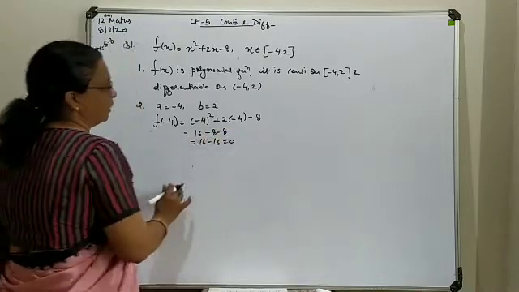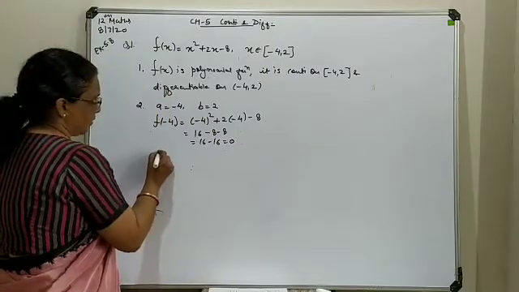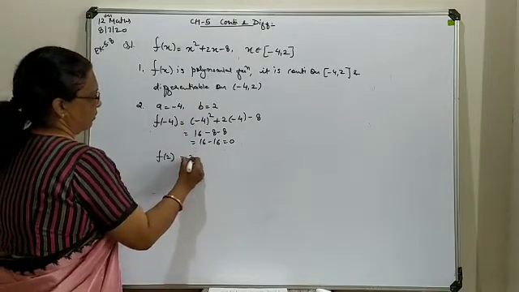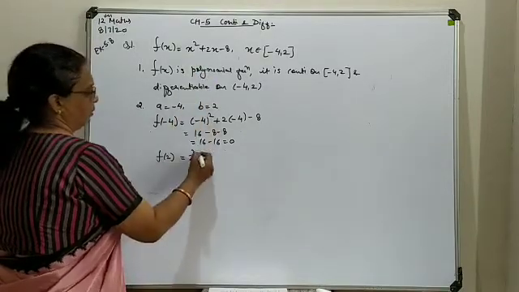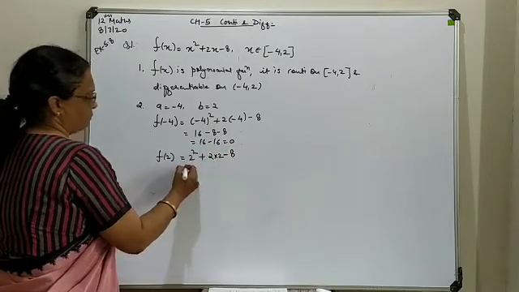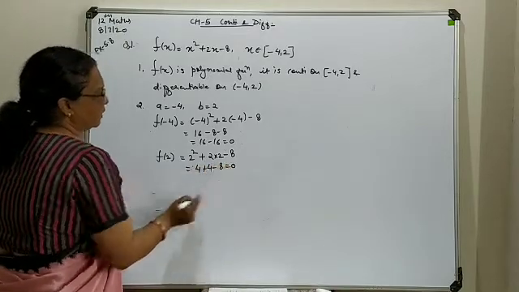Finally we have 0. Now the second one, the function value at b: f(2) is 2 squared plus 2 into 2 minus 8, that is 4 plus 4 minus 8, which again turns to 0.